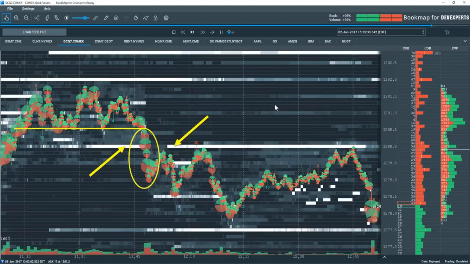Okay, here's a concept of a flip of the book. So here's our sweep, as you can see, and then here's the limit orders on the bid here. Okay, we swept through it, and yet now what do we return back to?